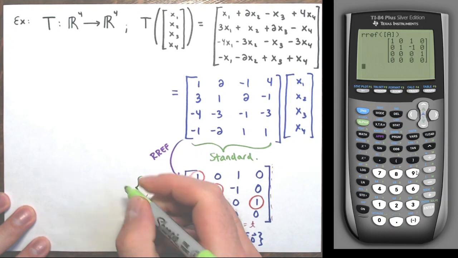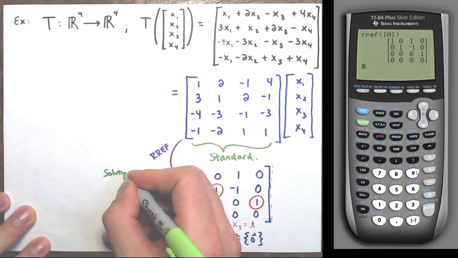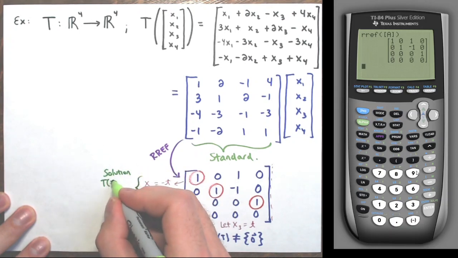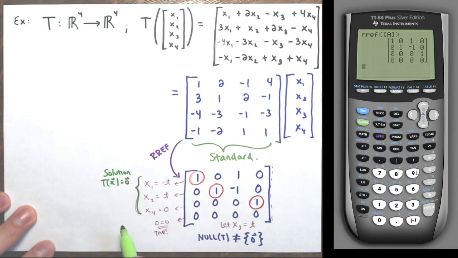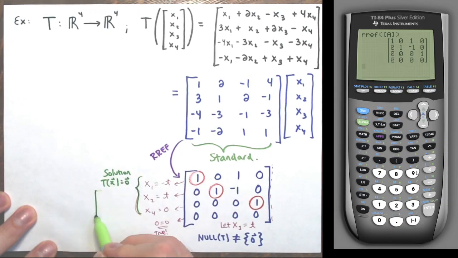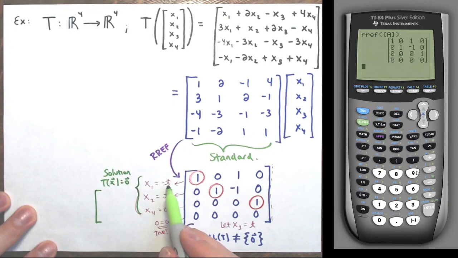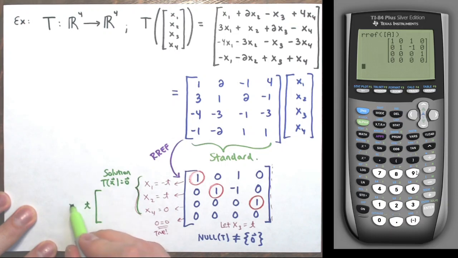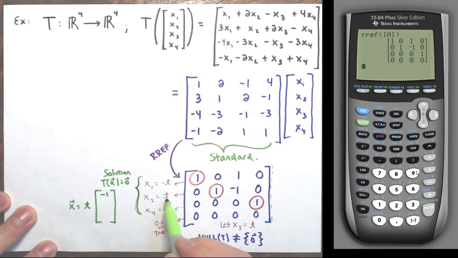So the solutions to that, when is T of some vector equal to the 0 vector, are looking like this, right? Now every single thing will have a t in it, so I'll pull the t out and say my vectors x are going to be equal to t times: x1 is negative 1 times t, x2 is 1 times t, x3 is 1 times t. x3 is the free variable, and x4 is always 0.